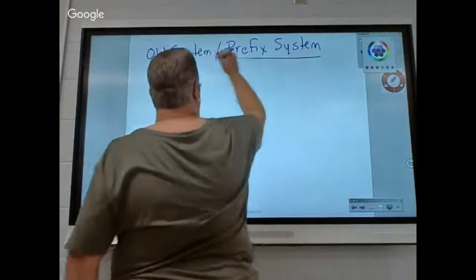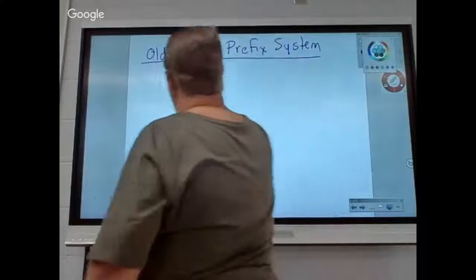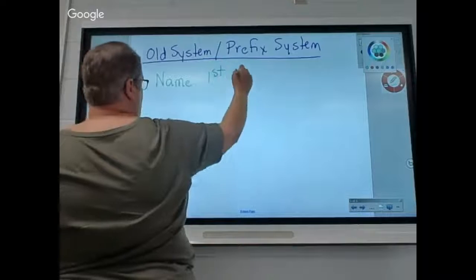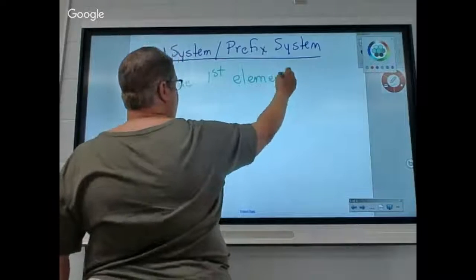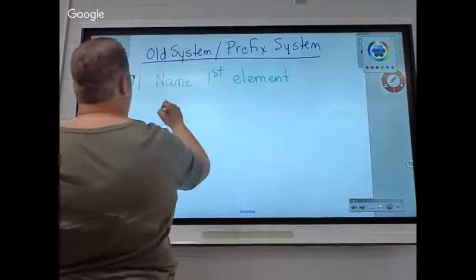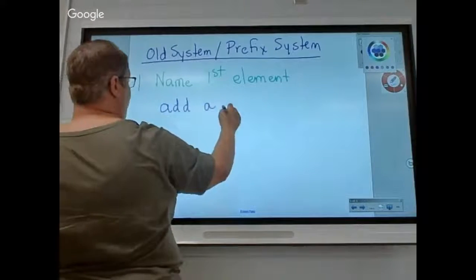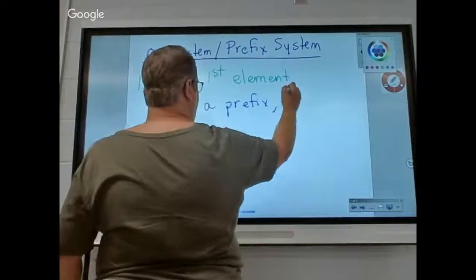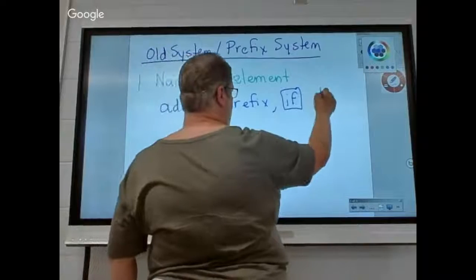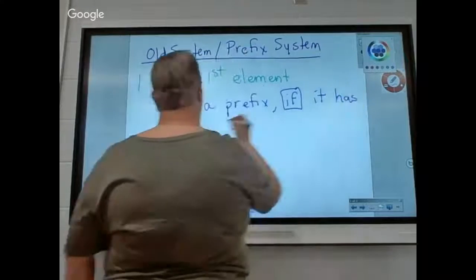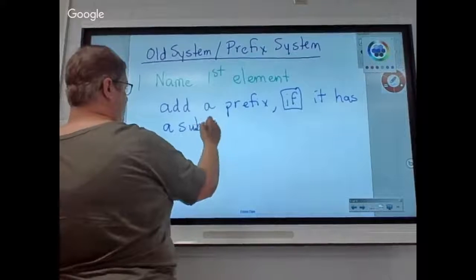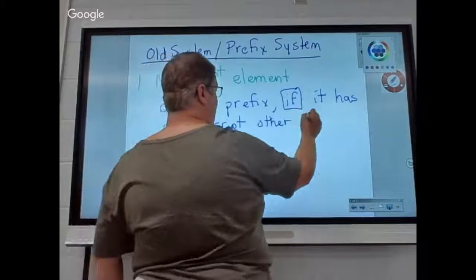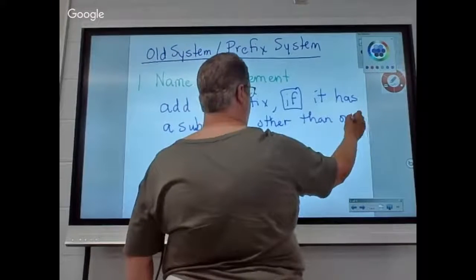All right. Here are the steps. Number 1, name the first element. Add a prefix if it has a subscript other than 1.